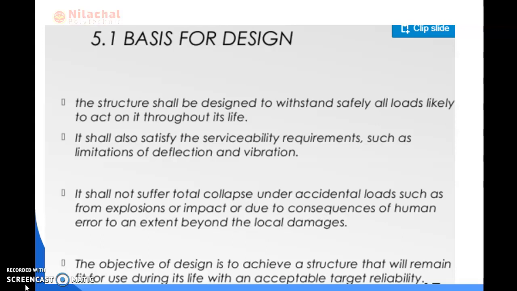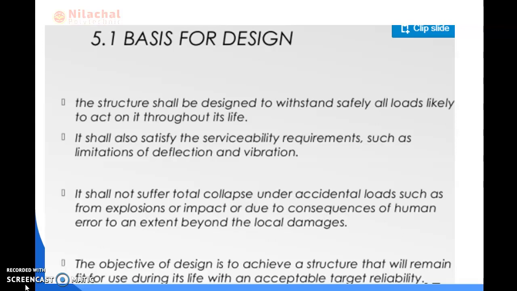It shall also satisfy serviceability requirements, such as limitation of deflection and vibration. It shall not suffer total collapse under accidental load, such as from explosion or impact, or due to the consequence of human error, to an extent beyond local damage.